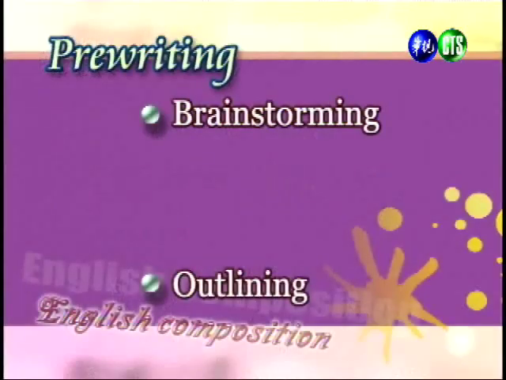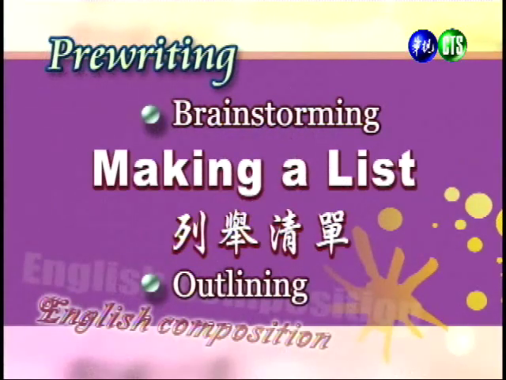Welcome back to English Composition, and at this part we're going to continue with learning about pre-writing, and we're going to talk about making a list. All right, so let's say that we had our word web, and once we evaluate our word web, let's say we decide that the most interesting part of the word web to write about is our day at work.